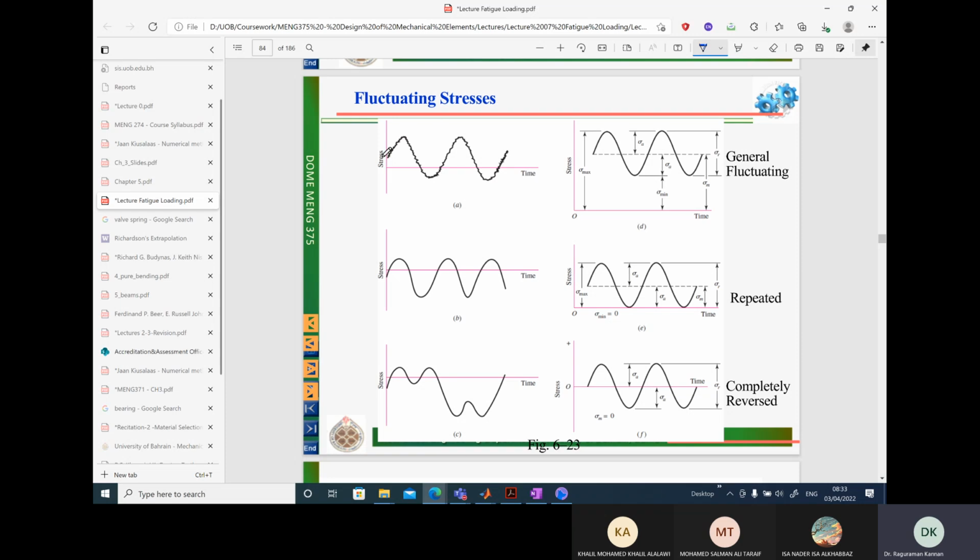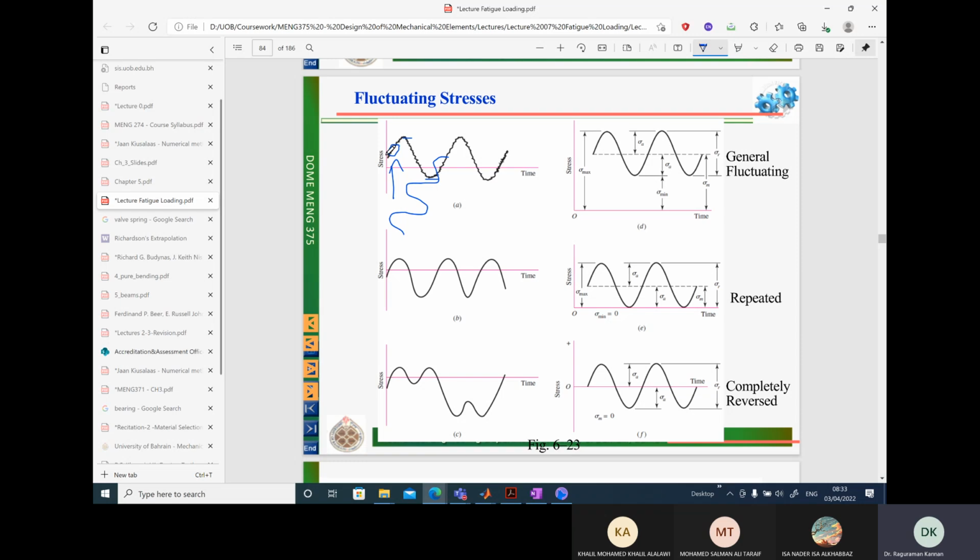Another case is where, at a global level, we have a maximum and minimum value. When you zoom in here, you will see much variation in the stress. The stress is not constant. If you zoom in, that itself is like a sinusoidal pattern. If you zoom in into this area, you will see variation in the stresses.